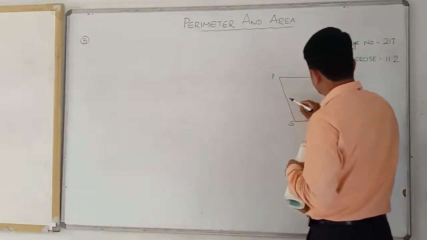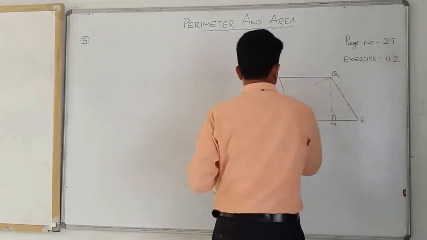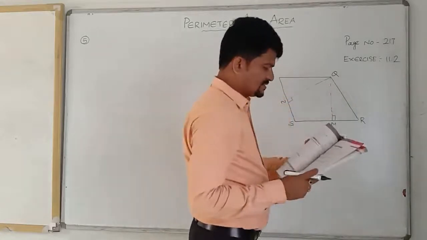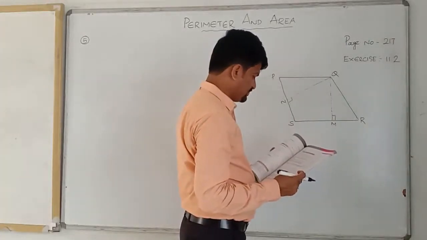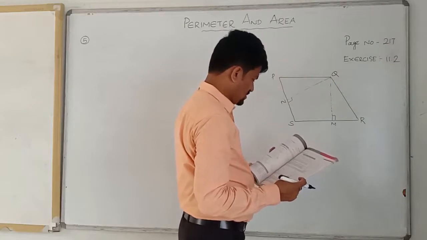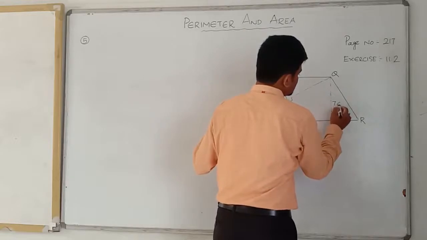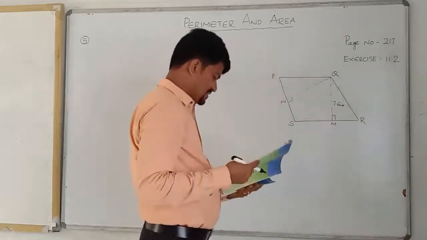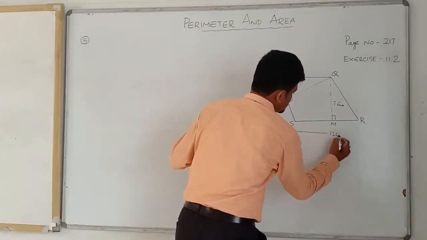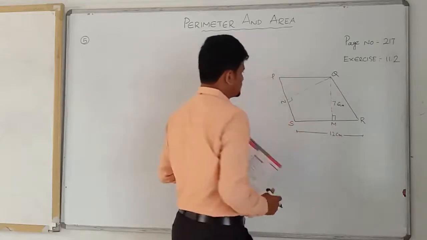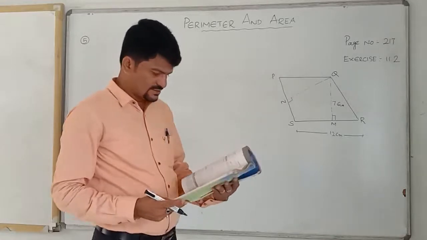Here one more height is given. QN is the height from Q only with base PS. Now what are the measurements given here? QM is 7.6 centimeters, and SR is equal to 12 centimeters. Am I right? And QN is also given.